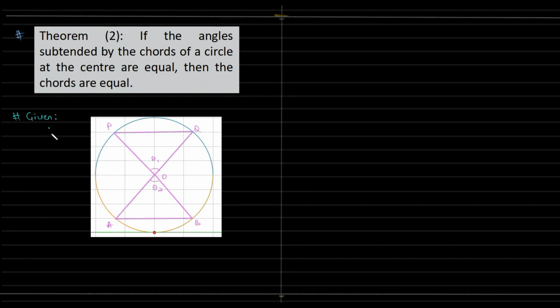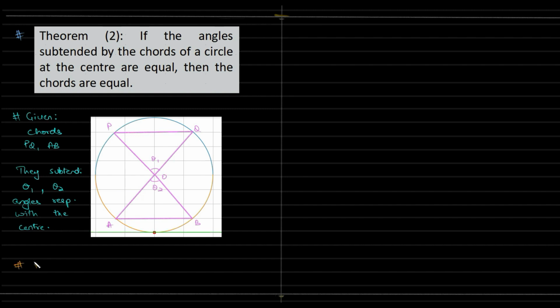They're not equal chords by the way, they're just chords PQ and AB, they subtend theta1 and theta2 angles respectively at the center.